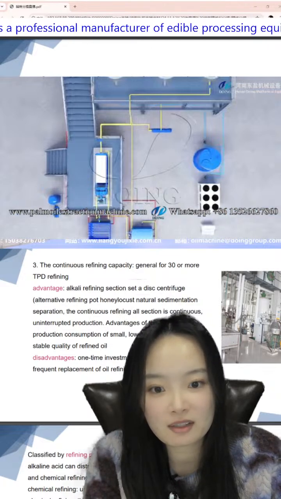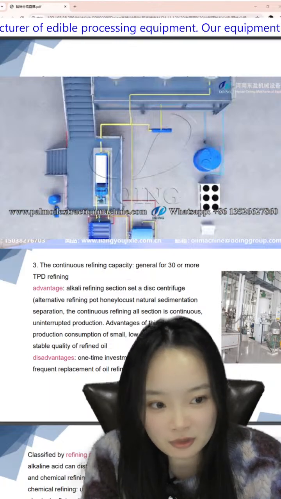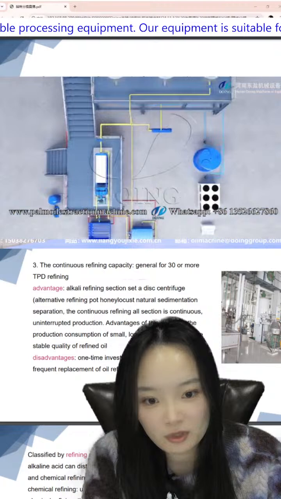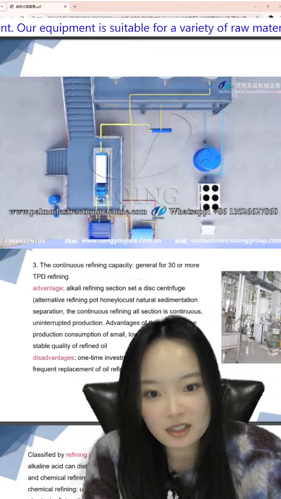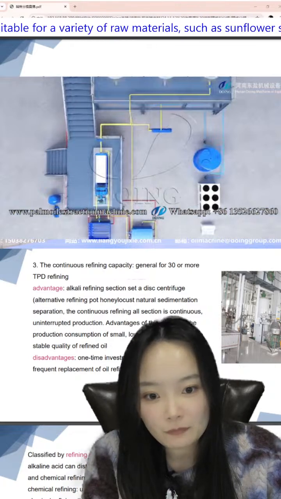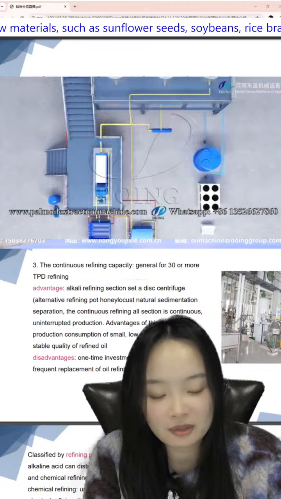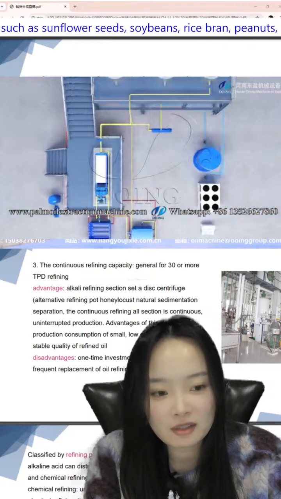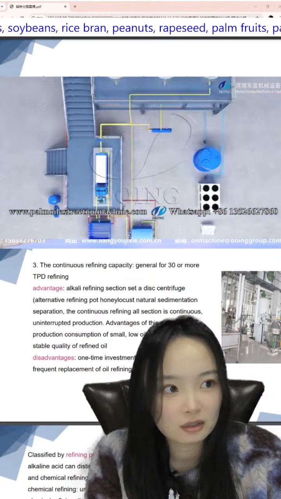The advantages of this design are small production consumption, low oil consumption, and more stable quality of refined oil. It also has disadvantages. The disadvantage is that the one-time investment is big, and it is not suitable for frequent replacement of oil refining.